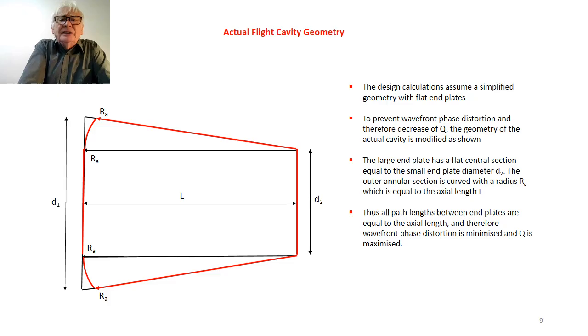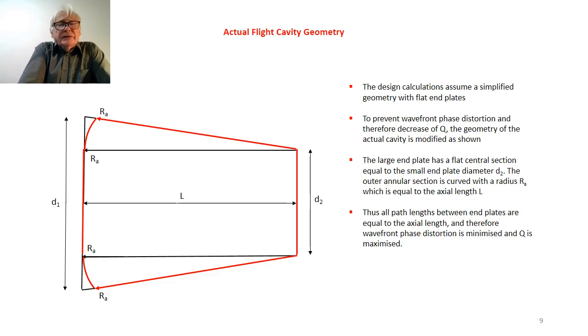So what we need to do to prevent the wavefront distortion that we would otherwise get is to take the length L that we've used in the spreadsheet, and at the annular section of the large end plate, rotate it up as a radius RA until we meet the actual tapered wall.